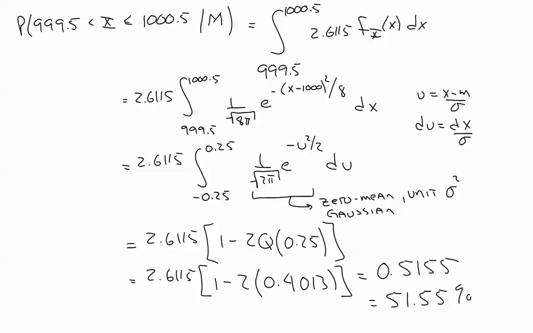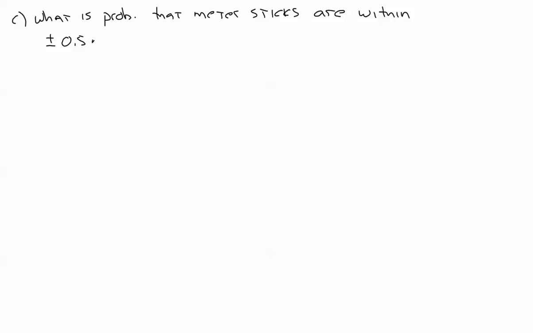One last question might be, what's the probability that meter sticks are within plus or minus half a millimeter of 1 meter before throwing any of them away?